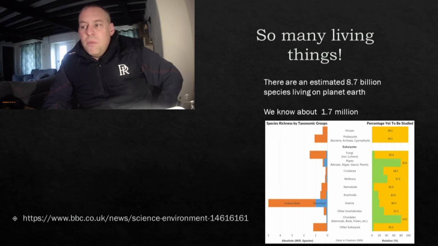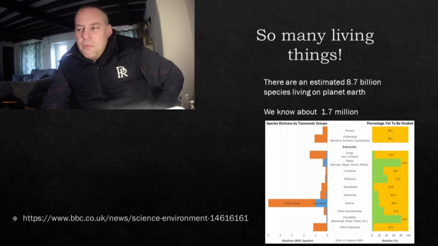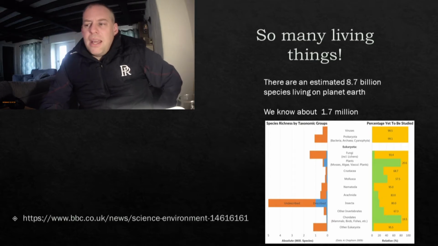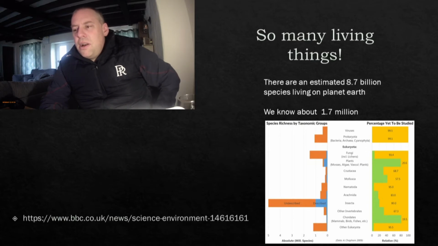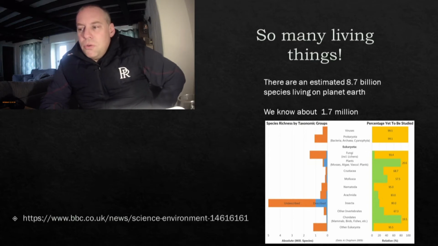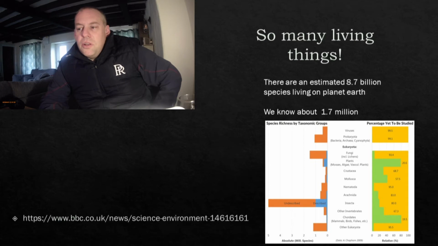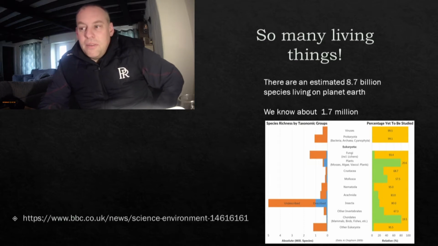You can see almost 99.5% of viruses we've not yet covered, studied, or found. Nematoda are types of worms, and so on. So it's incredible. You notice that chordates, mammals, birds, fishes, etc. at the bottom are a really small group of species, whereas with insects, you can see how many more different types there are.